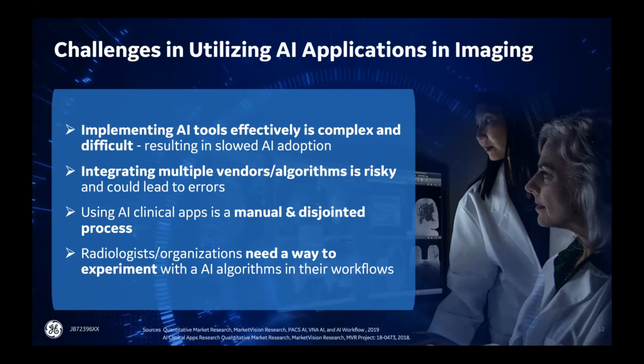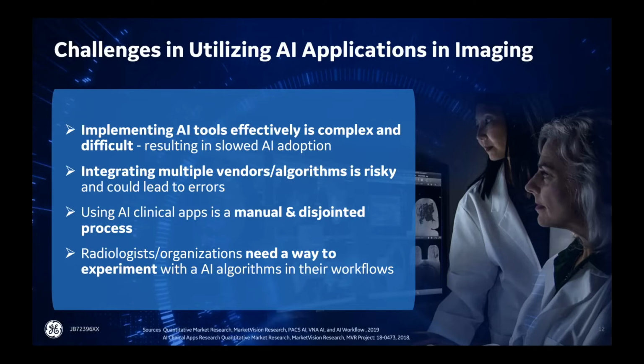All of these problems can be modeled as a graph, but from the perspective of the data scientist, there are a lot of other steps that happen before even building the model. Also, integrating this with multiple vendors is very risky and could lead to errors, right? We need a unique platform that can connect all of those pieces together.